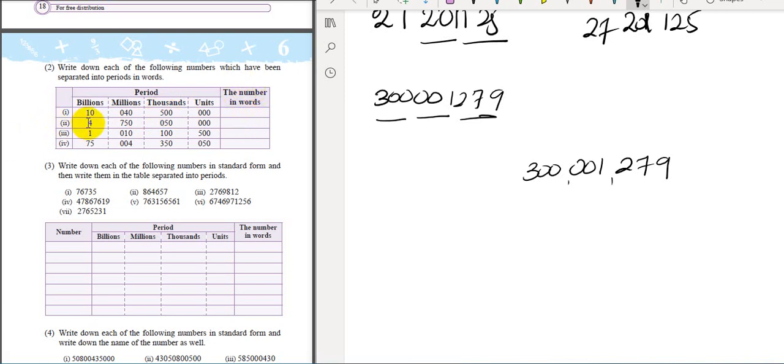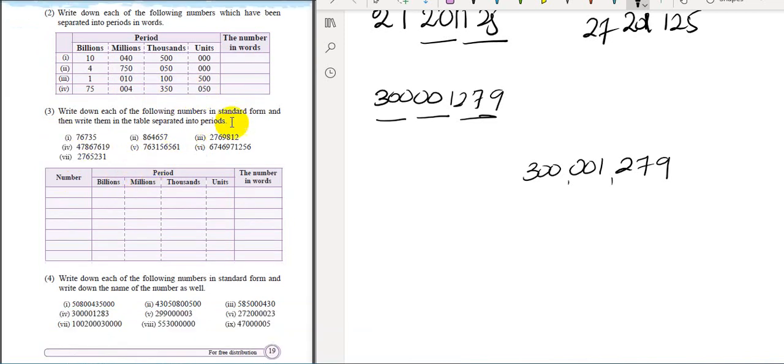Okay, this one is 4 billion, 750 million, 50,000. This one 1 million, 1,10,100,500. 75 billion, 4 million, 350,000 and 50. Write down each number in standard form and write them in the table separated into periods.